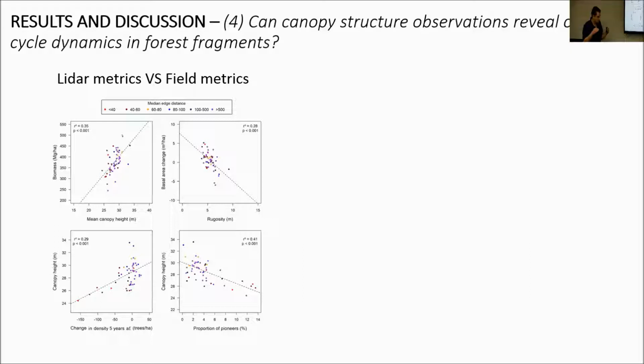Because the plots lost biomass. Bigger trees die, and the rugosity is small nowadays. You can imagine, in the past, we had huge emergent trees, and these trees fall. And now we have the restoration of other species, and the rugosity is small. And we lost biomass.